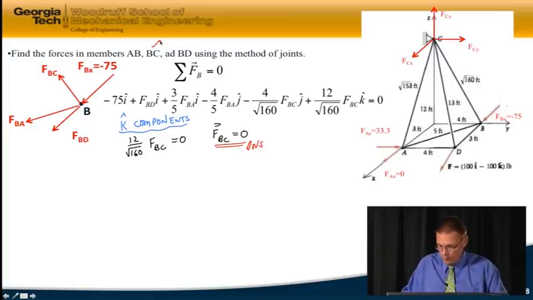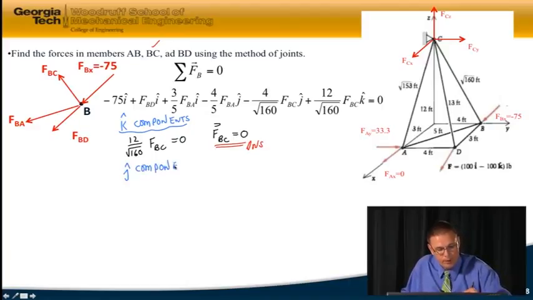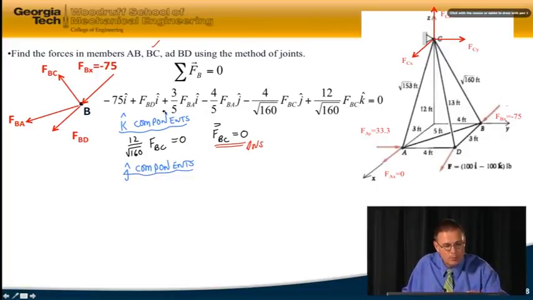And now I'm going to do the J components. And for the J components, I've got no J component, no J. Okay, there's the first J component, minus 4/5 FBA.